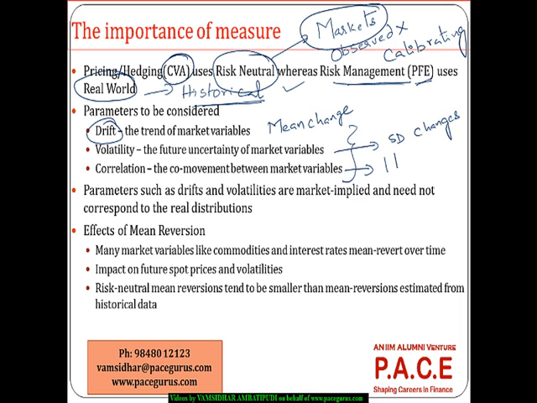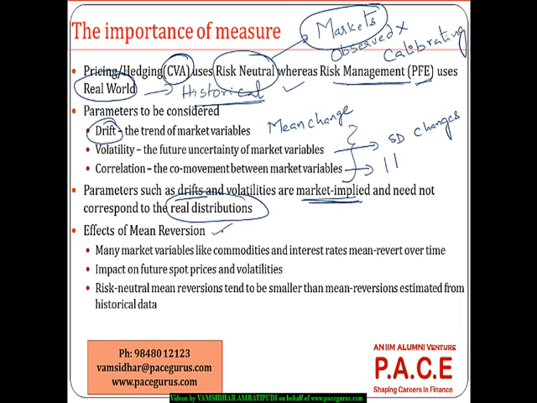And many a time the drifts, if at all they are market, from the pricing perspective, are all market implied, which means when I'm taking them from the market, I really don't require the real world distributions for them. And a few more considerations we have to make.